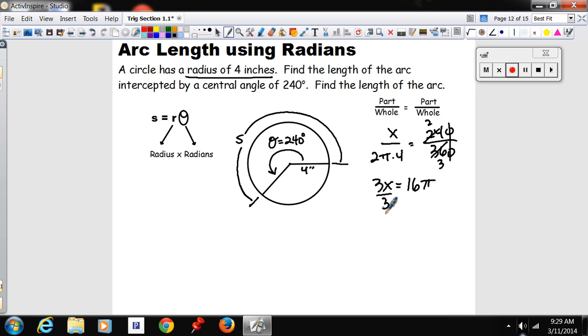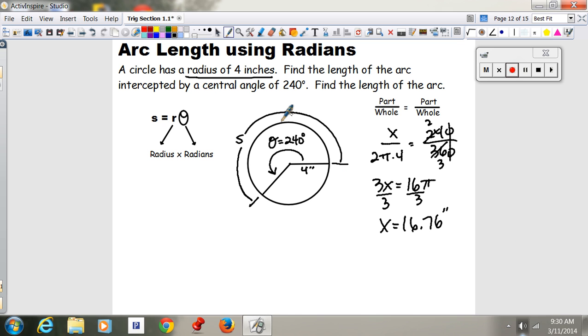Let's divide by 3. So we're going to get x equals 16 pi over 3. If I multiplied it out and then divided by 3, I'm going to get 16.76 inches. So if I start from here and go all the way over to here, it's going to be 16.76 inches around.